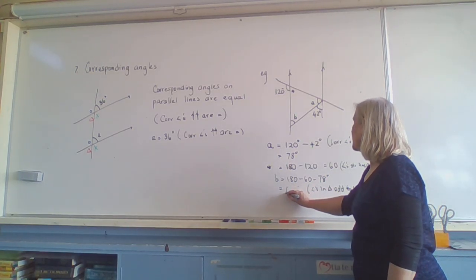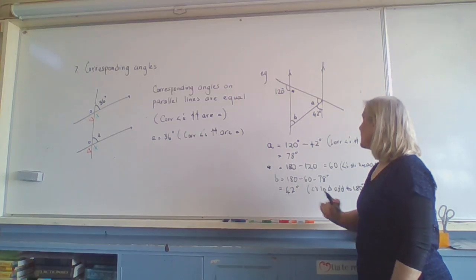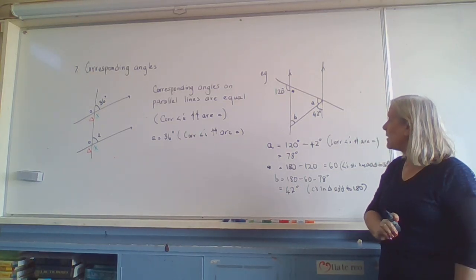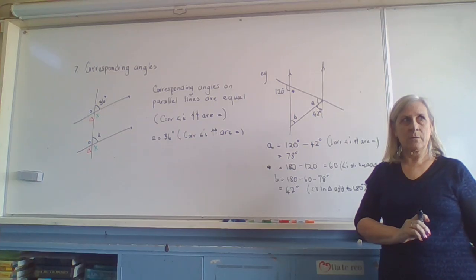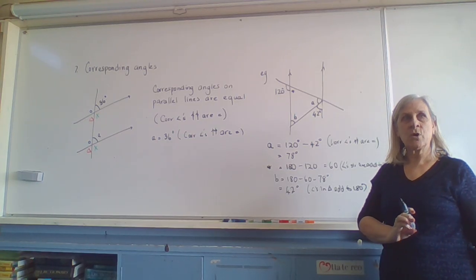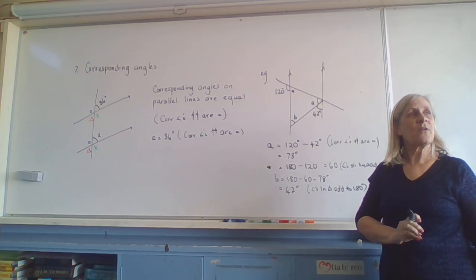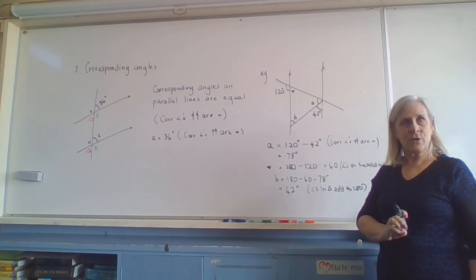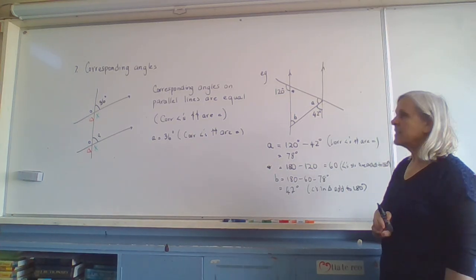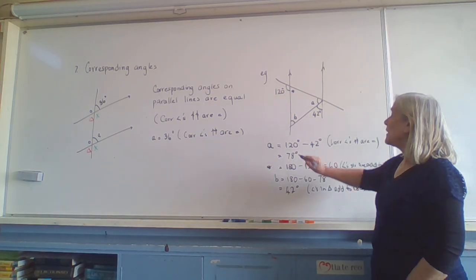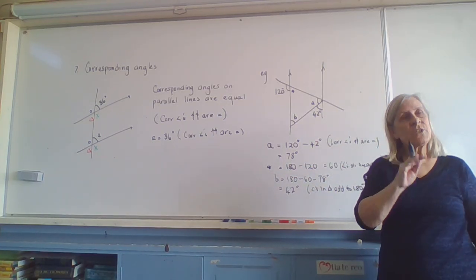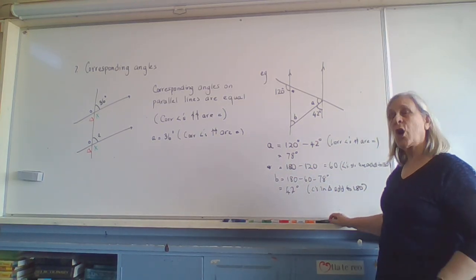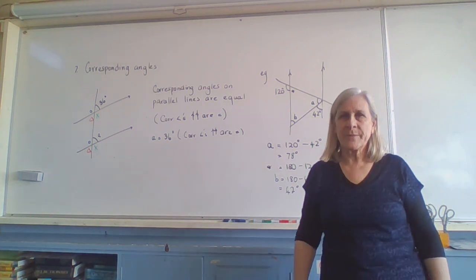Well done, Emma, thank you. Why are B and 42 the same? Because they're alternate angles. Good. Because they're alternate angles, so we could have just gone there. We could have said, oh, we would have missed this step out. But when we're doing angle things, we can find things loads of different ways and we're allowed to. All right.